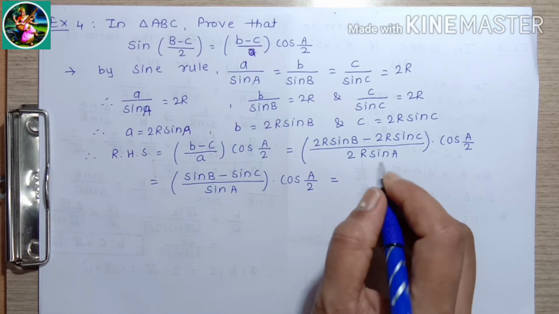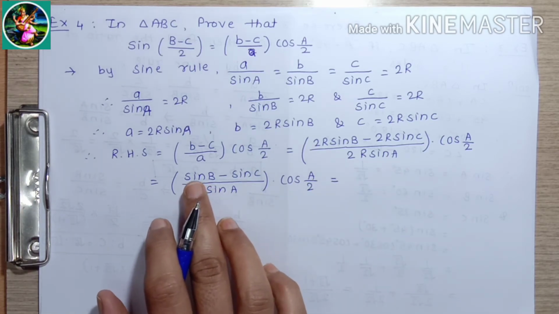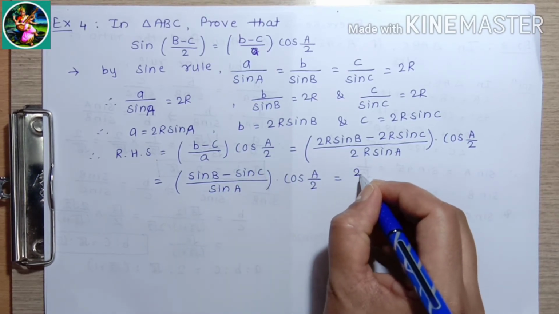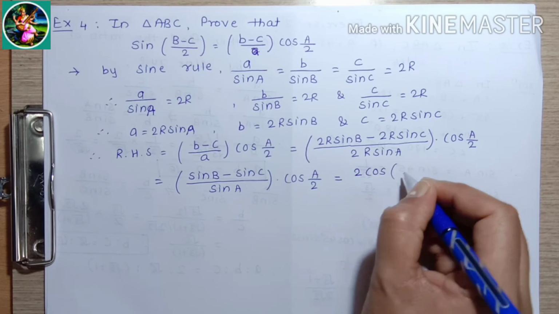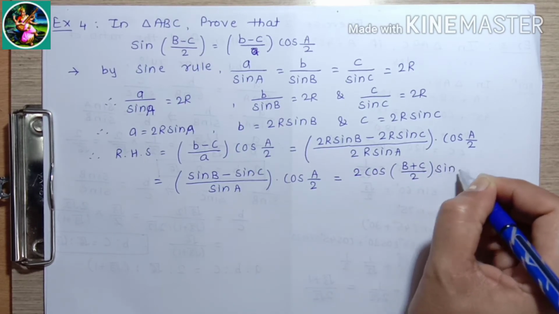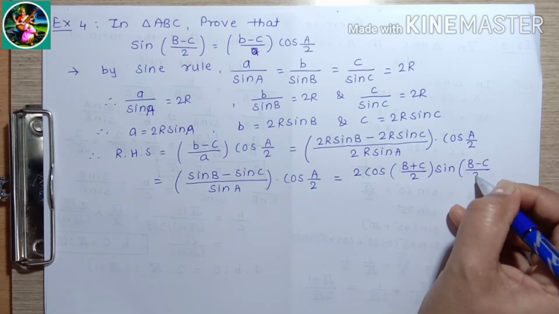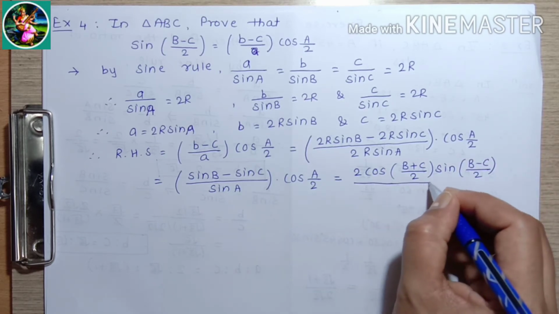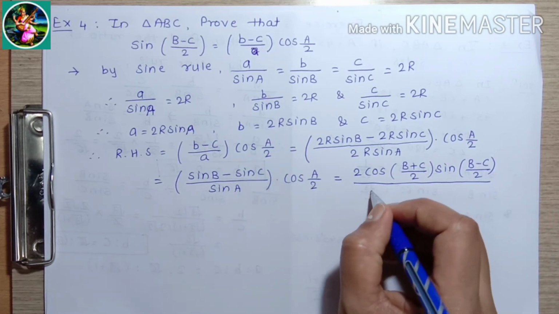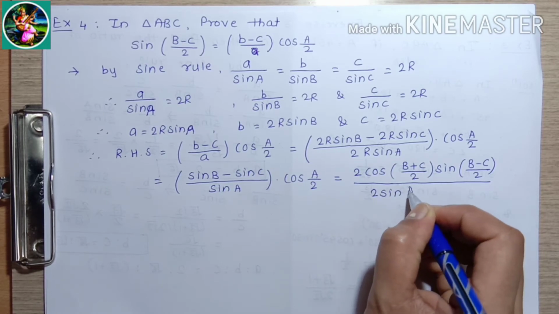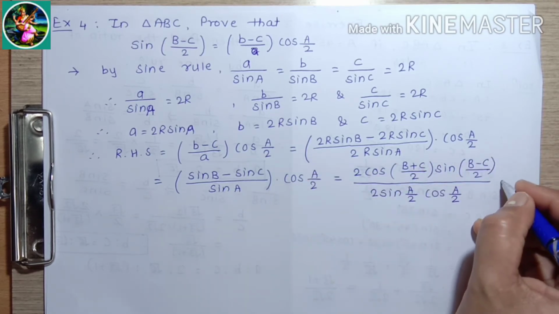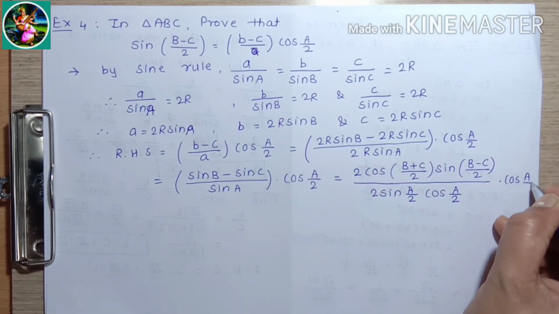That is equal to, we use here the formula for sin A minus sin B. Therefore, here we write in the numerator 2 cos of (B plus C) divided by 2 into sin of (B minus C) divided by 2, and this divided by, instead of sin A, we write 2 times sin of A upon 2 into cos of A upon 2, and that into cos of A upon 2 as it is.